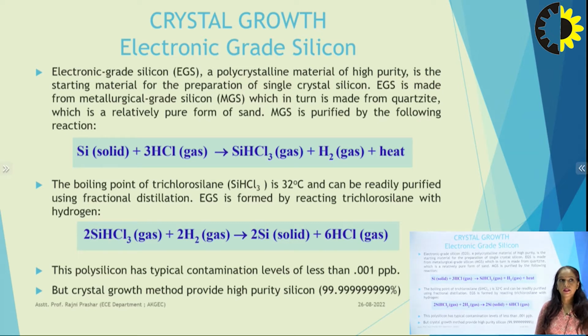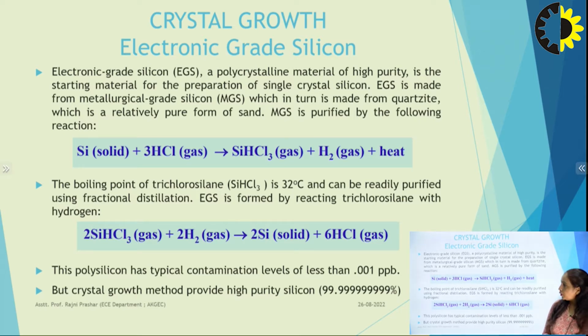This EGS is made from metallurgical grade silicon, MGS, which in turn is made from quartzite, a relatively pure form of sand, which is very abundant in nature. This MGS is purified by the following equation: silicon reacted with hydrochloric acid gives trichlorosilane and hydrogen, and some heat is generated as a residual.